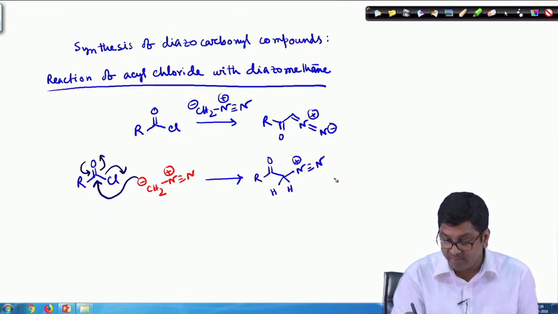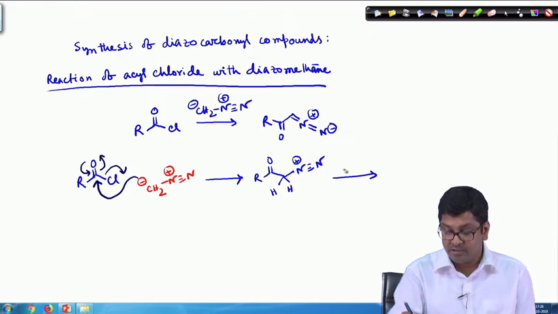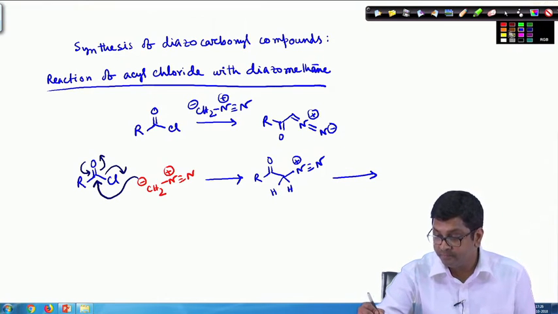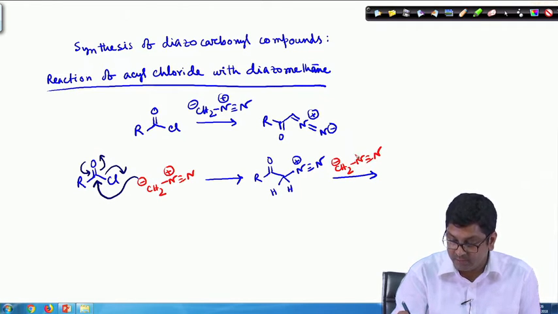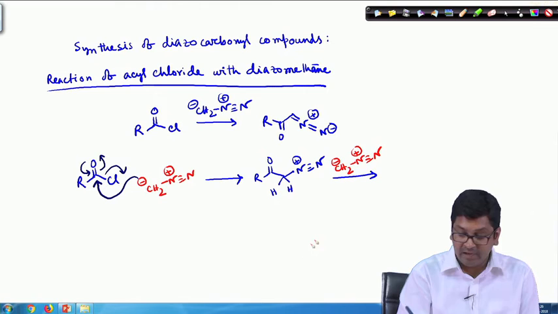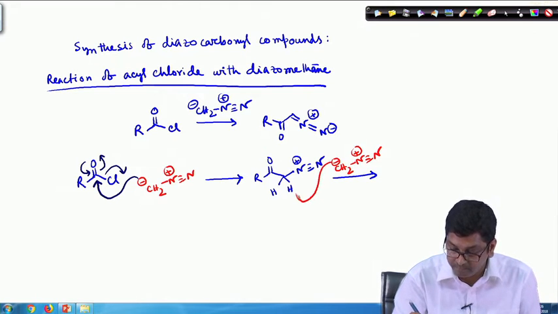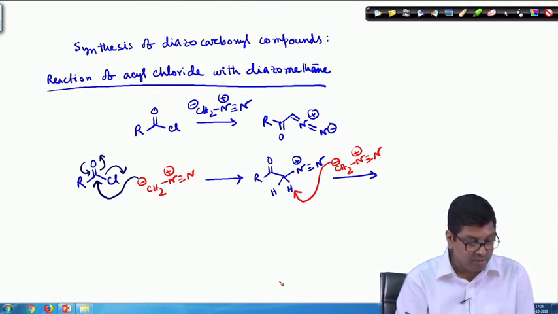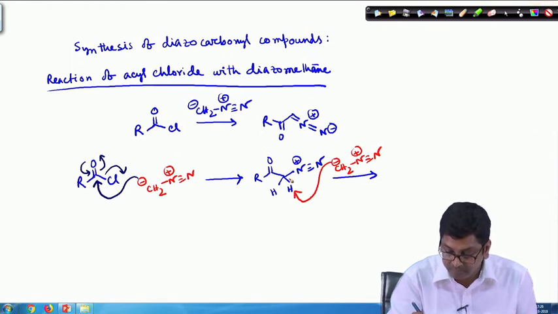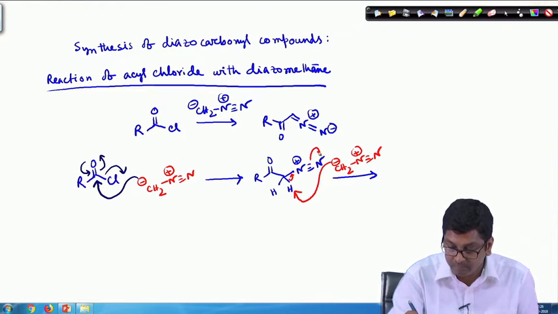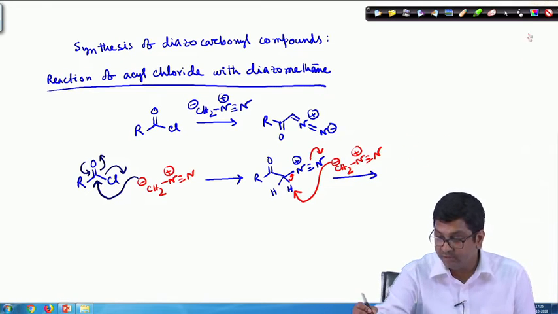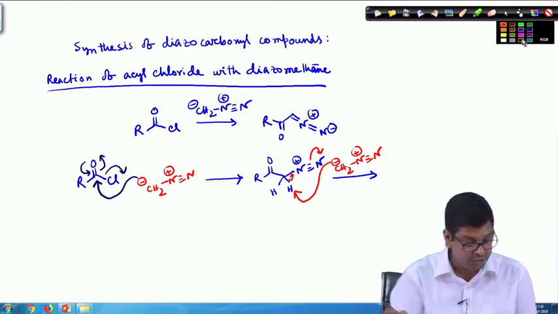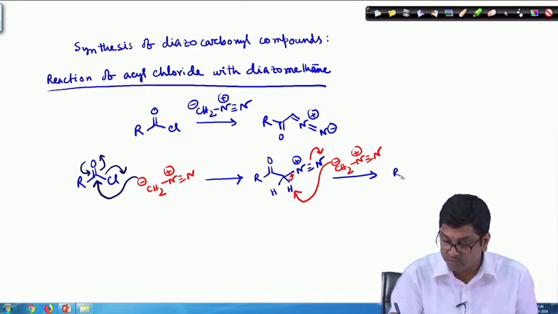And once you have this, one more molecule of diazomethane will pick up this acidic proton. Okay. So, now this will have the corresponding diazocarbonyl compounds.